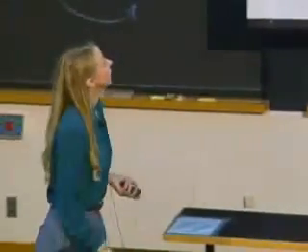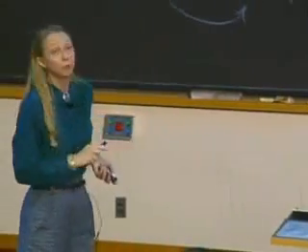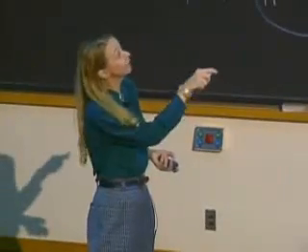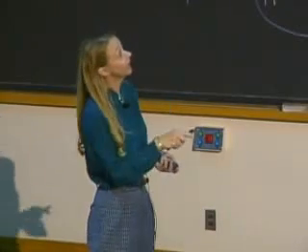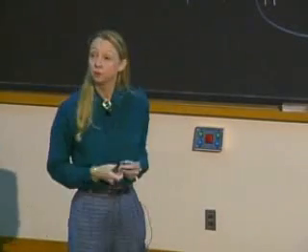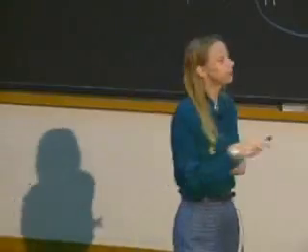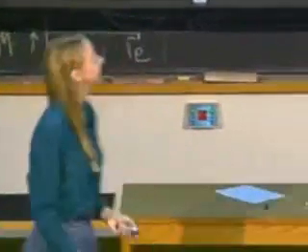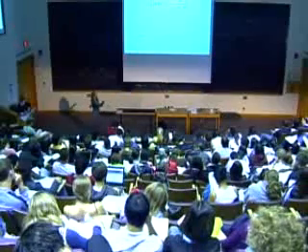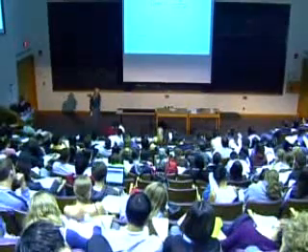How do we get a wave number? We get a wave number by taking the frequency in hertz, inverse seconds, and dividing it by the speed of light. But the speed of light, of course, has to be in centimeters per second. The seconds cancel, and what we're left with is inverse centimeters.